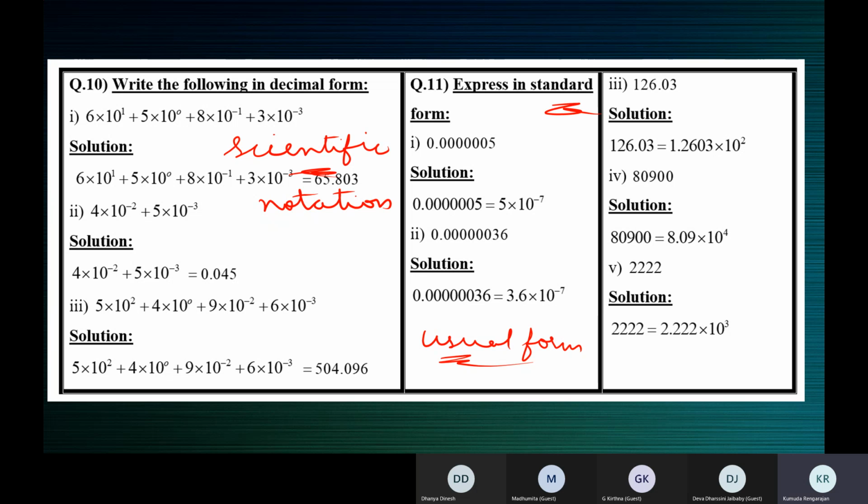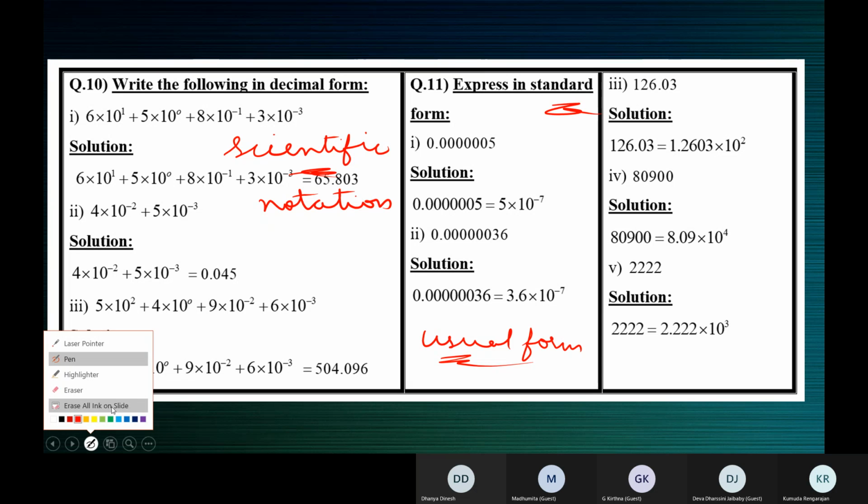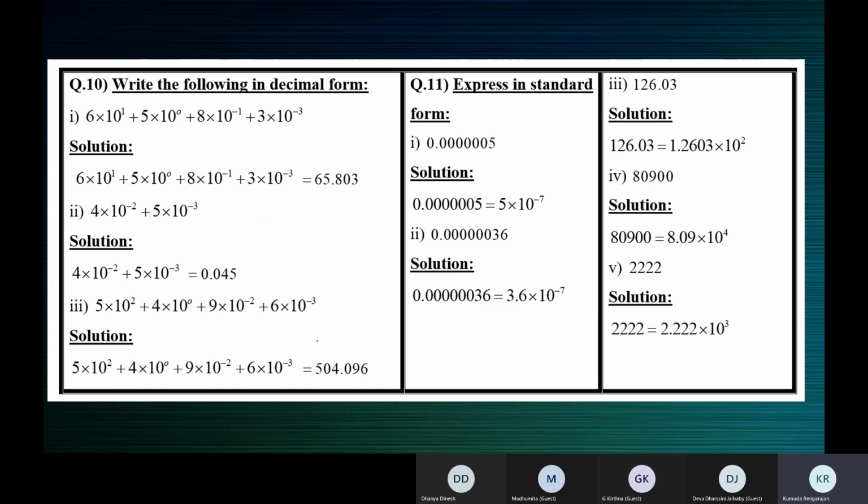If it's given in one form, put it in the other form. If it's given in the usual form, then the question will be write it in the standard form. If it is given in the standard form, the question will be write it in the usual form. So again I repeat, scientific notation, standard form, both are the same.